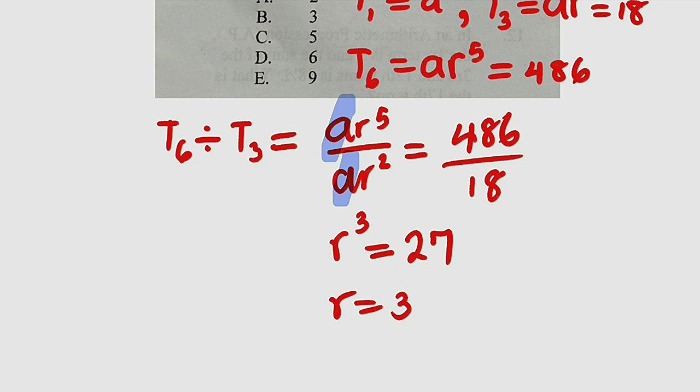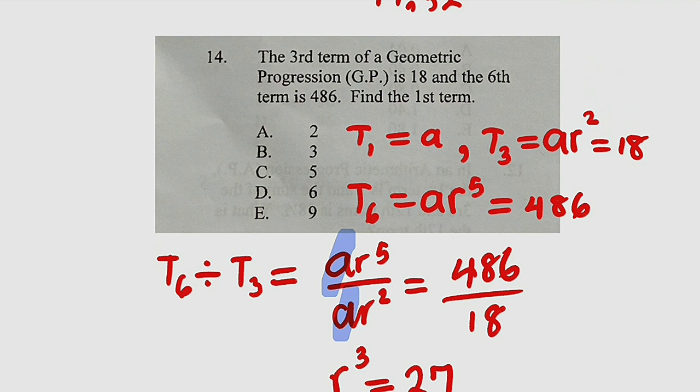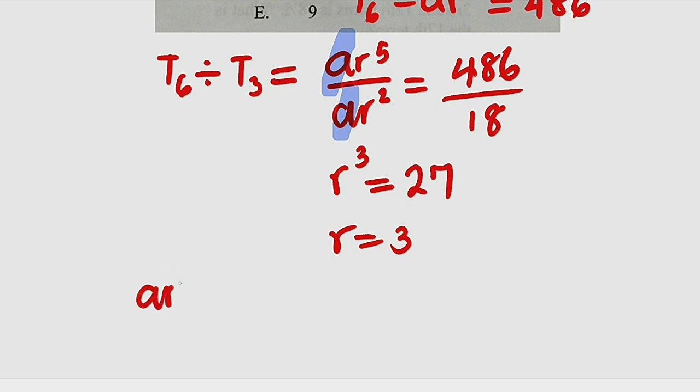So if R is equal to 3, how can we find term number 1? Remember, term number 1 is nothing but A. So let us use this equation, which is AR squared equal to 18.